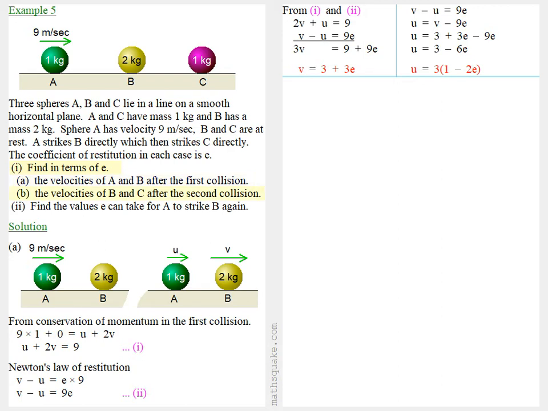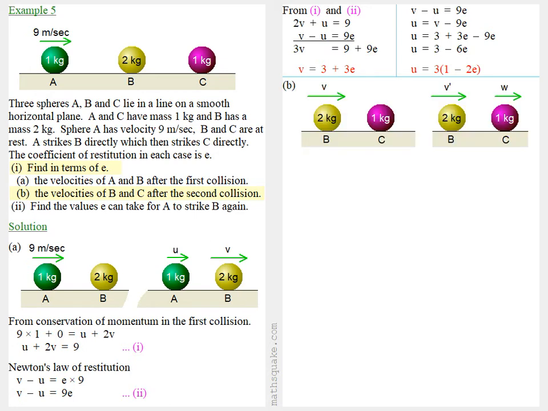In part B we're asked, find in terms of e the velocities of B and C after the second collision. We have, before the collision, the velocity of B is v. And let's suppose after the collision, the velocity of B is v dash and the velocity of C is w.